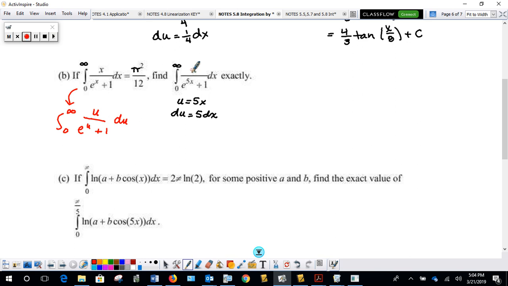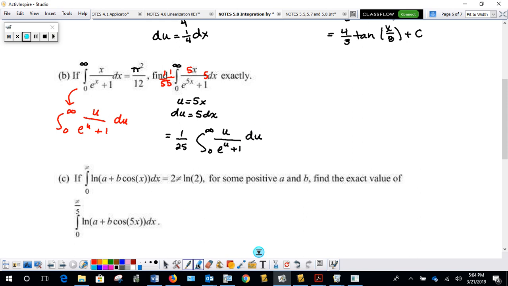So I'm going to need a 5x here, which means I'm going to have to put a 1/5 out here. But then I also need a 5 here, which means I have to put another 1/5 here on the outside. So my corrector in this problem is actually going to be 1/25, this integral. And then the top is going to become u. This is going to become e to the u plus 1, and then that will be du.